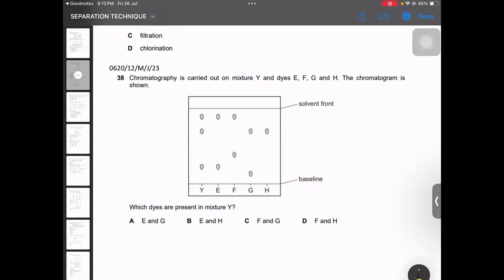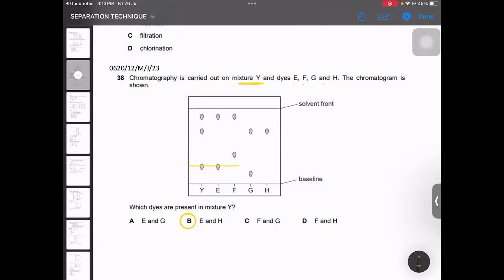So basically, those who are saying B are correct. They are champions. Why? This is your dye. They are saying that chromatography is carried out on mixture Y. Y is a mixture and the dyes are E, F, G and H. As you can see, this is matched.